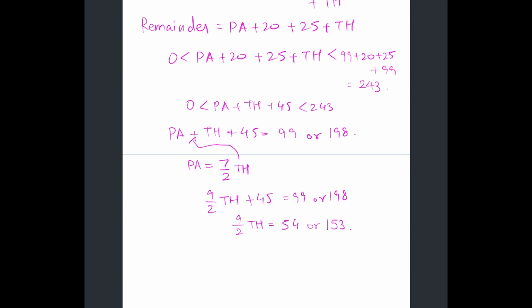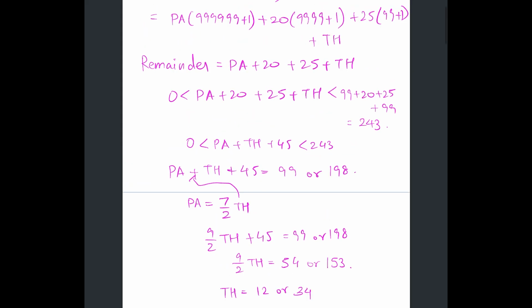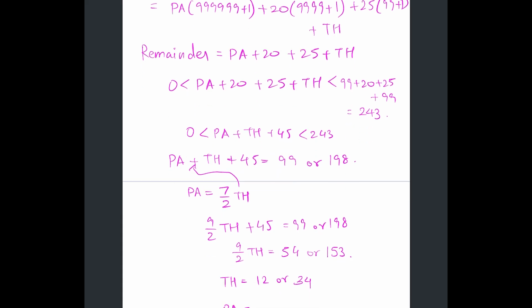From which we get TH equals 12 or 34, right?